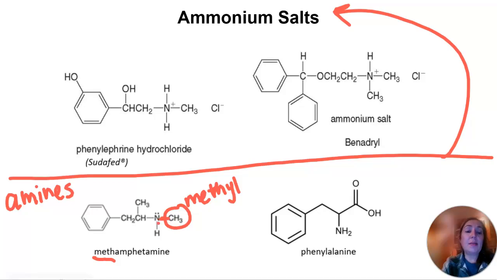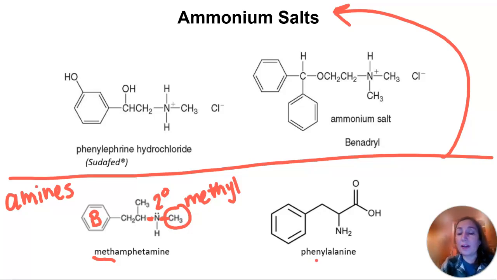And then our N is also bonded to an H, and then it's bonded to another CH. The N is bonded to a CH, which is bonded to a CH3, and the CH is bonded to a CH2, which is bonded to a benzene ring. So back to our nitrogen, it had carbons in 2 directions, so it's secondary. So we've got this secondary amine in methamphetamine. And that secondary amine does have a methyl group on it, so that's part of where its name comes from.